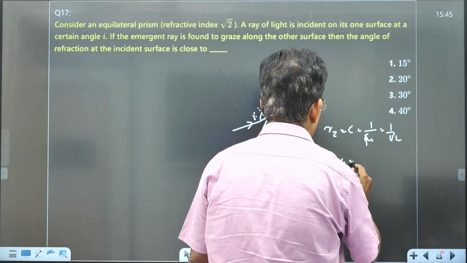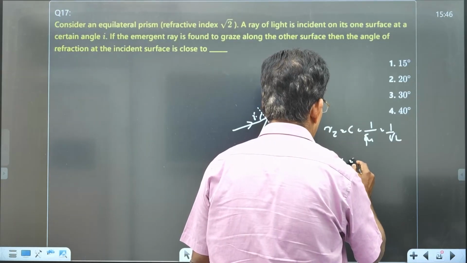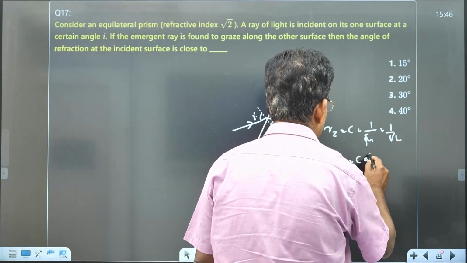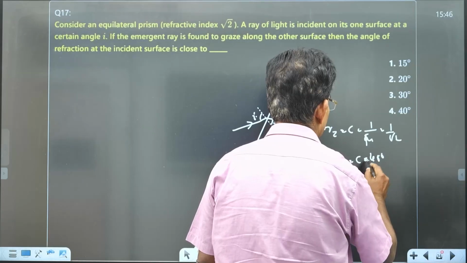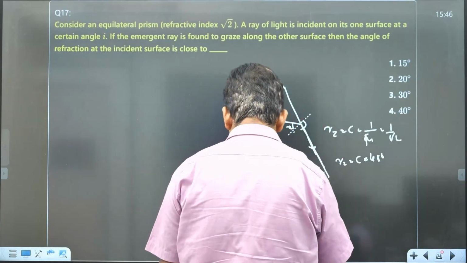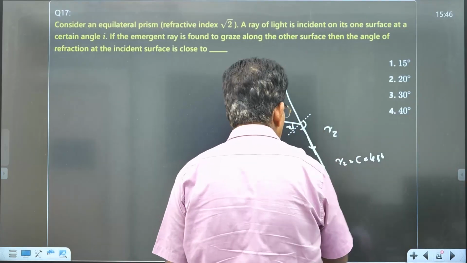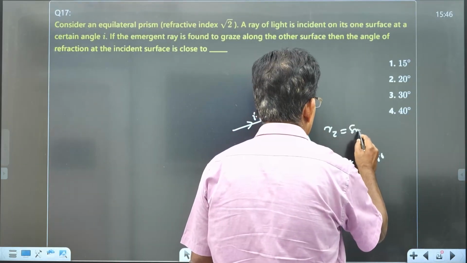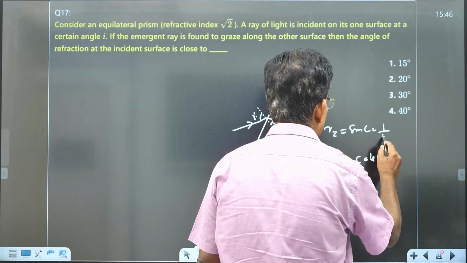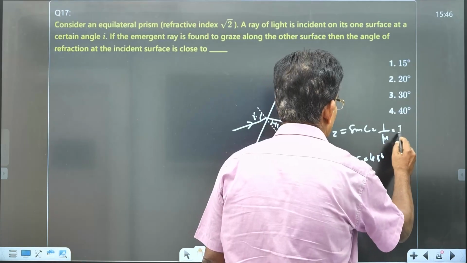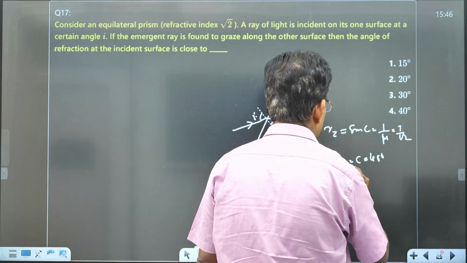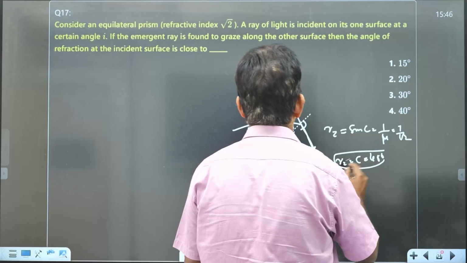Therefore, R2 equals C equals 45 degree.